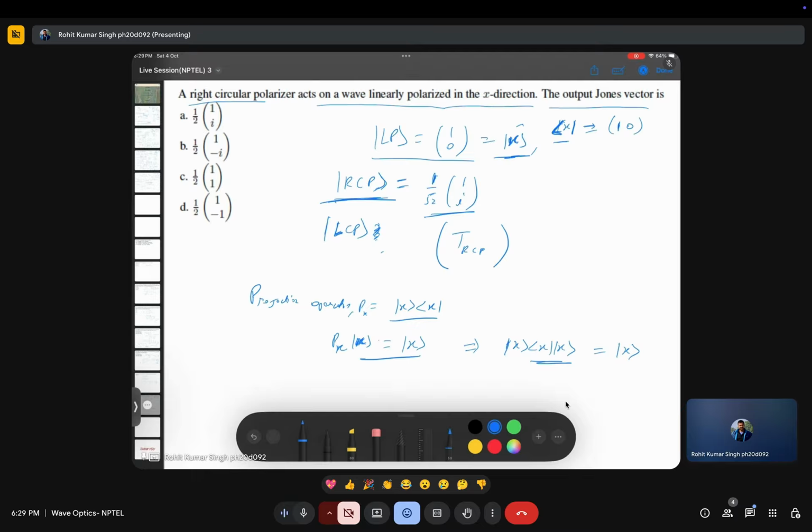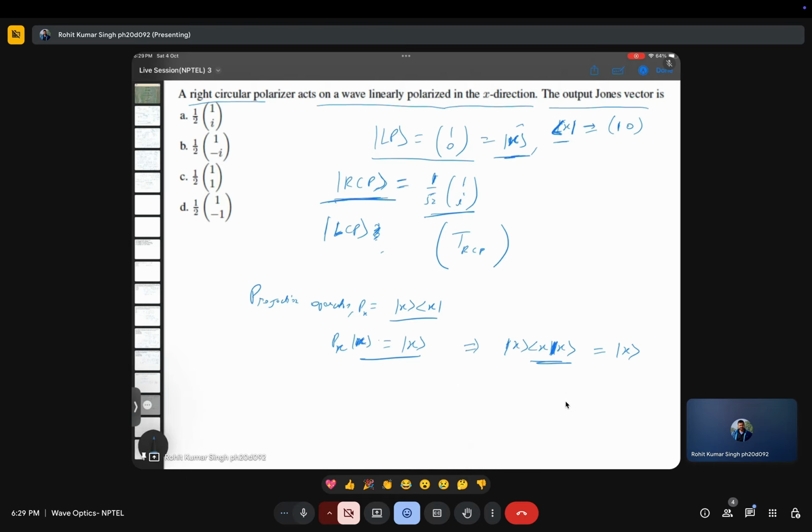So this is a single line. Similarly, for the projection operator of right circularly polarized light, you should have RCP, so that when this projection operator gets applied on a right circularly polarized light, you get a right circularly polarized light.